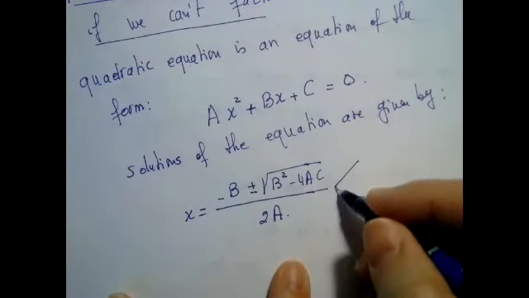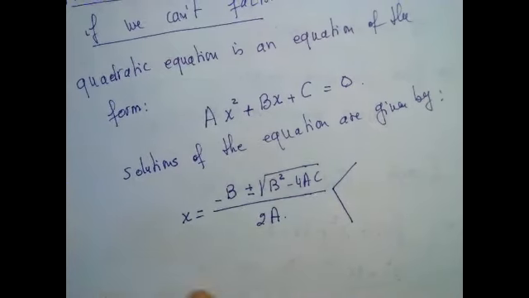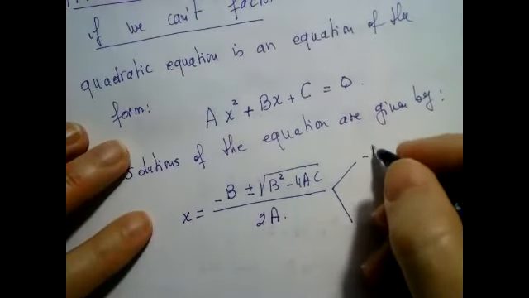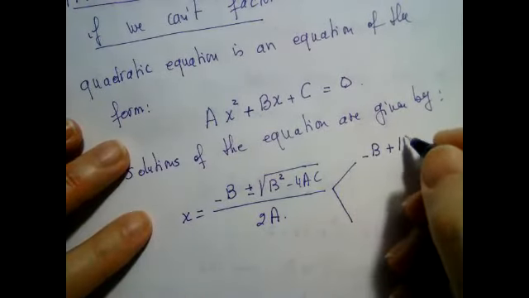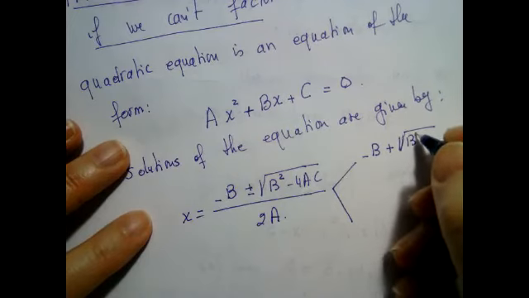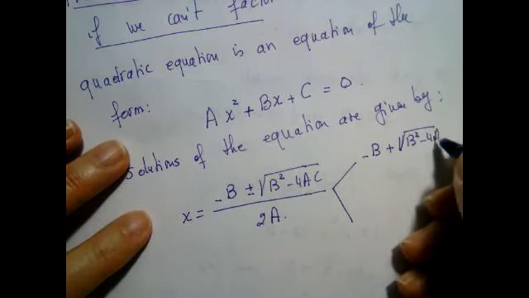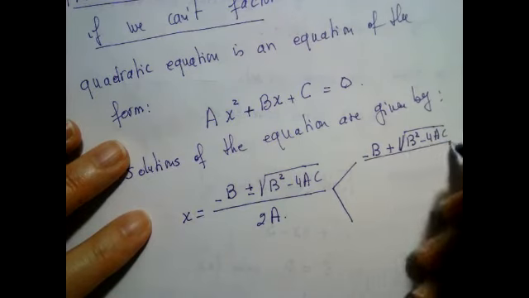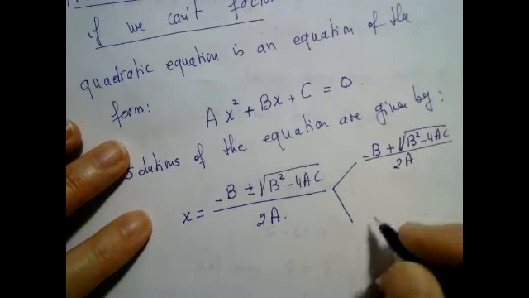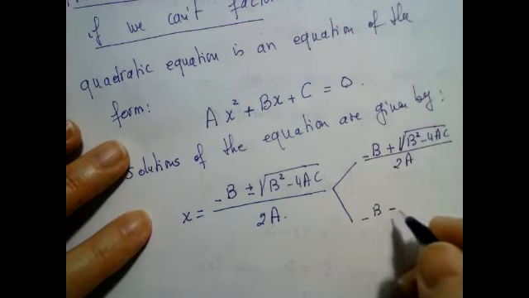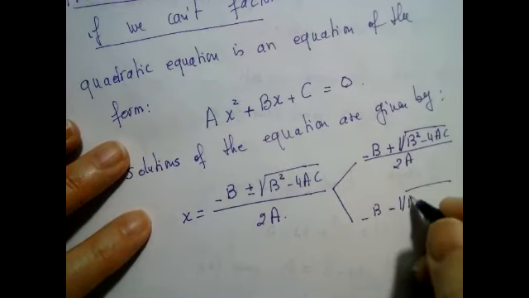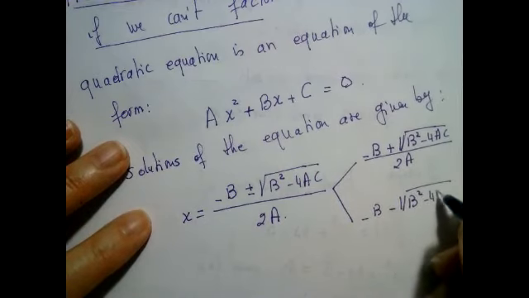In other words, there are two solutions, not only one. The first one is minus b plus the square root of that, and the second is minus b minus the square root of that.